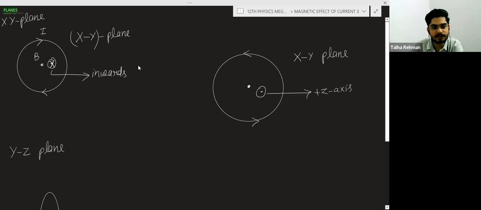That is why I was telling you again and again, please revise, because direction will always confuse you. Now see this example. You have the circular wire. Now just again do the same thing. Curl your finger along the sense of current and see where your thumb is going.